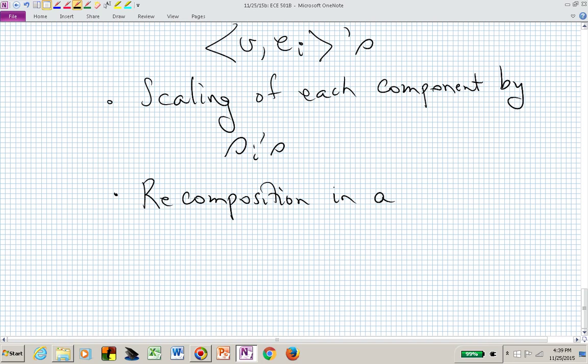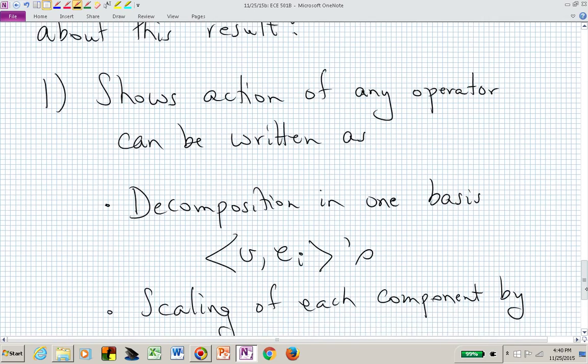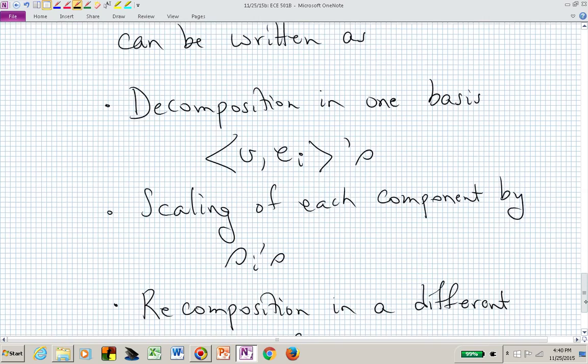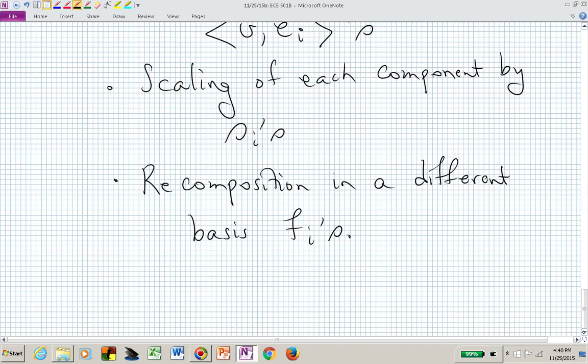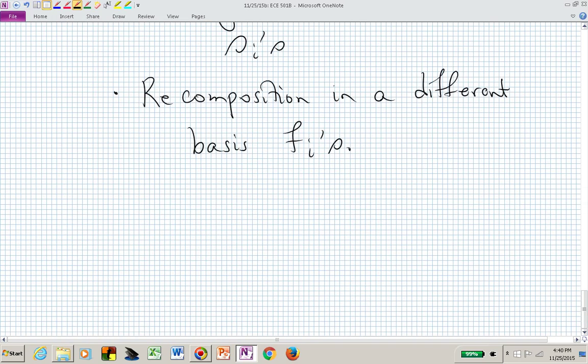So a recomposition in a different basis, which are the F sub i's. So that's how we can view an operator. We can view it as this decomposition, scaling, and recomposition.